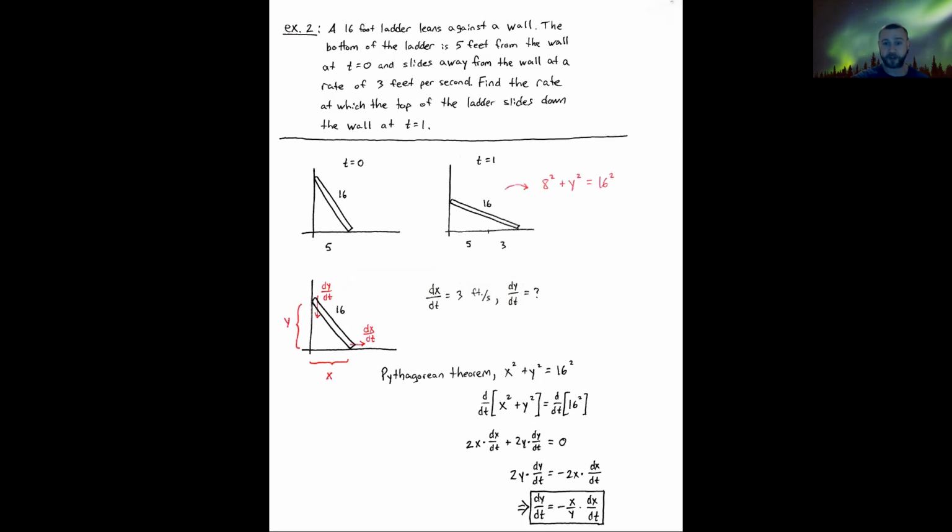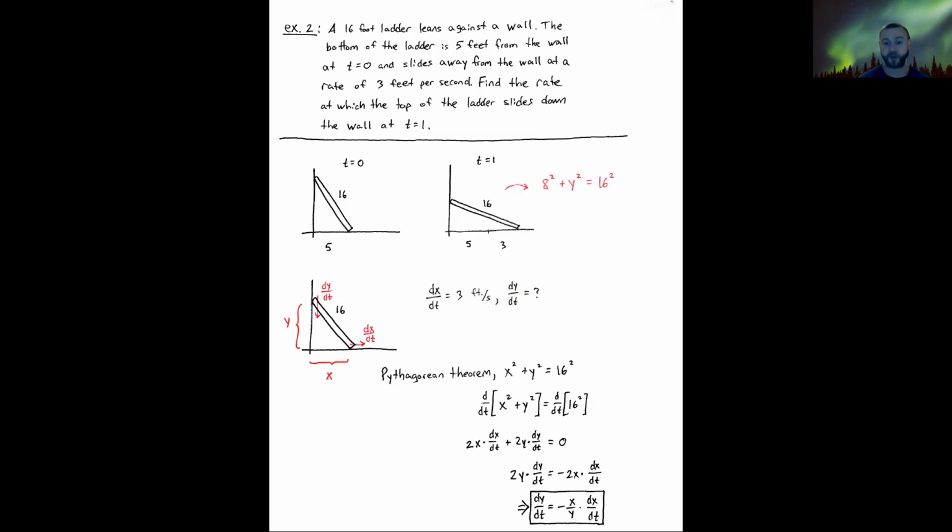Now to answer the question, we kind of have to plug in some values. In our sketch up there for t equals 1, the horizontal distance, the distance from the base of the ladder to the wall, is 8 feet. And what we have to figure out is then what is the y value at time equals 1.